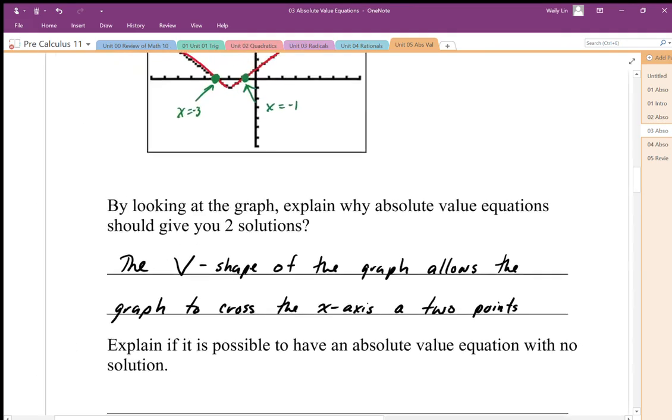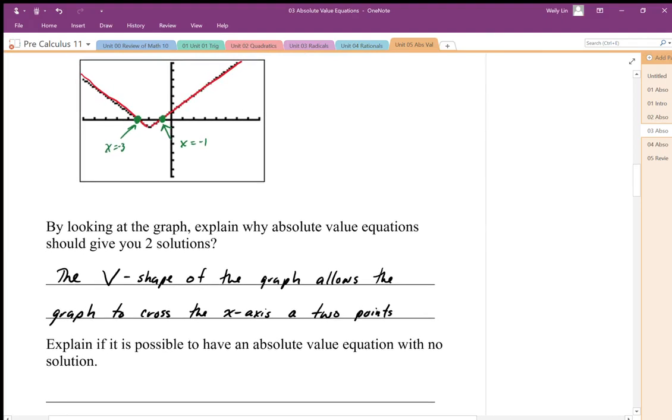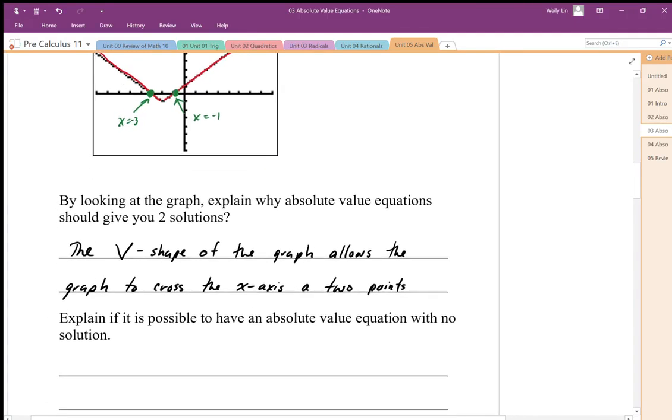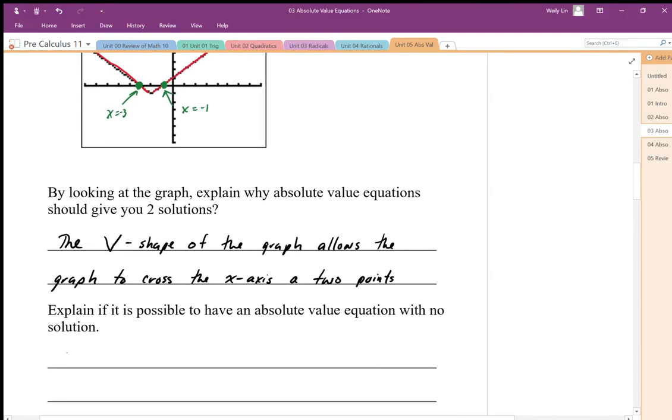Now, if the shape of it allows us to have two solutions, is it possible that we get no solutions? And if so, why? Okay, so looking at this graph, is it possible to have no solutions? Yes, it is possible.